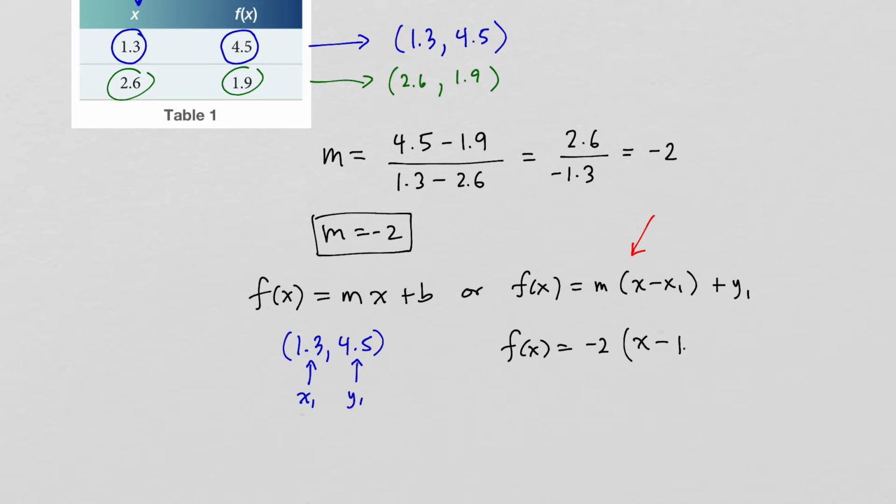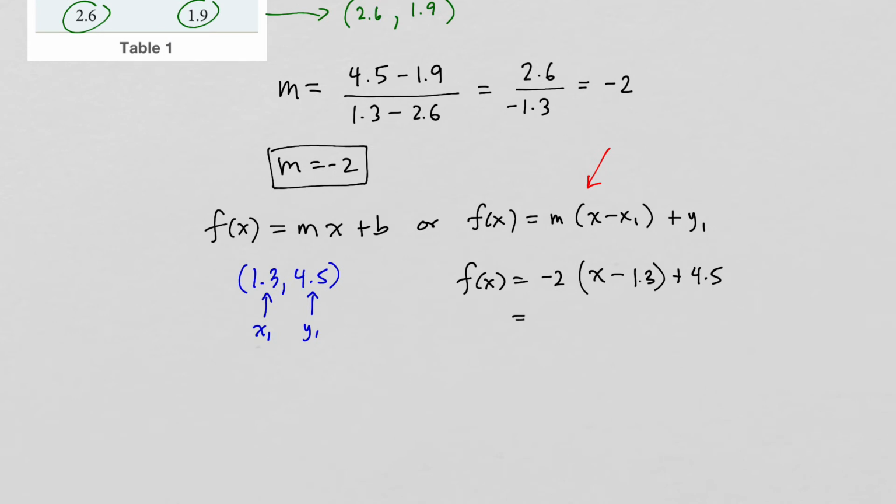If I do that, I get negative 2 times x minus 1.3 plus y1, which is 4.5. And if we do the math here, we get negative 2x plus 2.6 plus 4.5. And this is negative 2x plus 7.1.